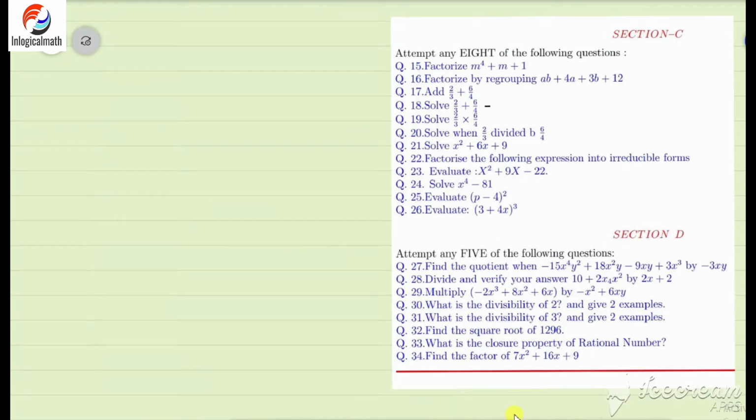Now we will go for section D with question number 27. Find the quotient when minus 15x raised to 4 y square plus 18x square y minus 9xy plus 3x cube is divided by minus 3xy. So what we have to do?